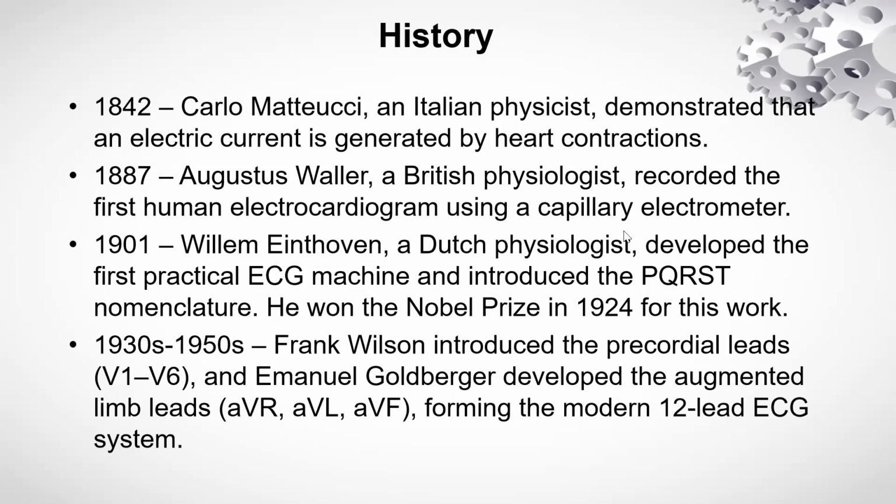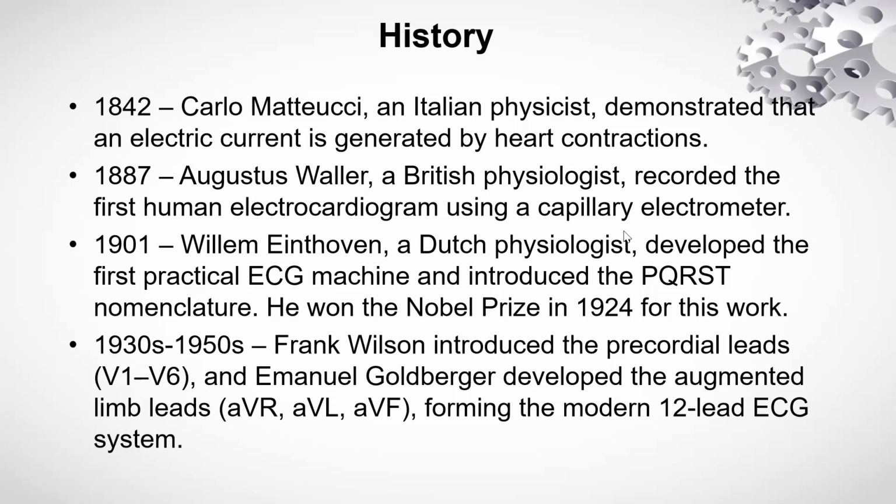As far back as the 19th century, in 1842, an Italian physicist demonstrated that an electric current is generated each time the heart contracts. After that, Augustus Waller, a British physiologist, was the first to record a human electrogram using a capillary electrometer.